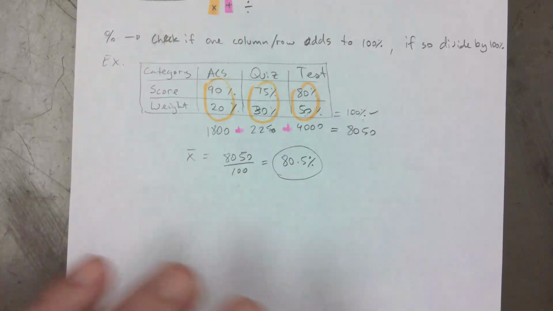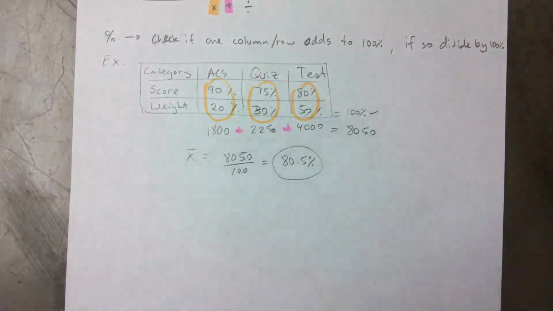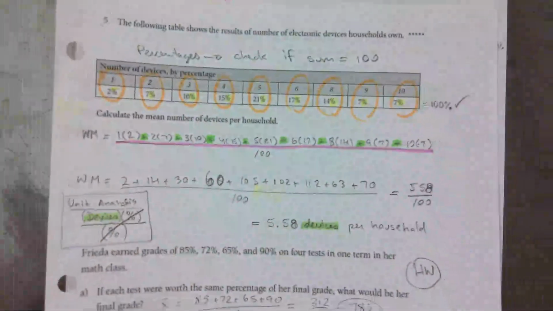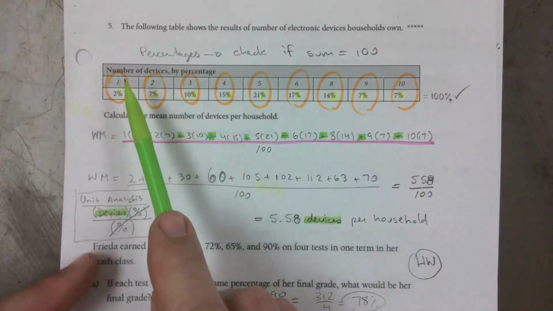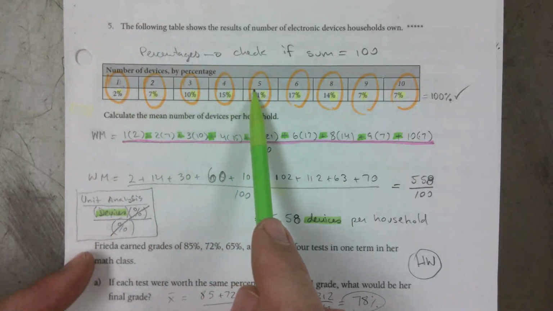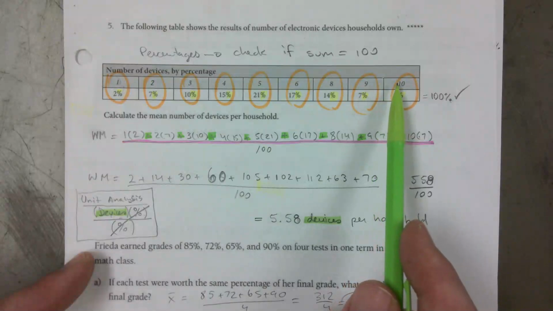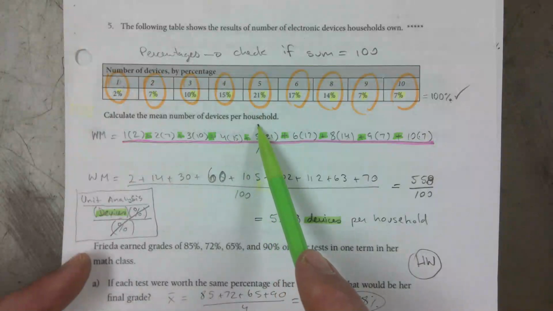Next, I'm just going to give you a quick example here of how percentages could show up. So this is straight from our notes on page 40 if you're going back to your notes. So here we had a scenario where we had percentages and a row with just regular values, right? So again, calculate the mean number of devices per household.